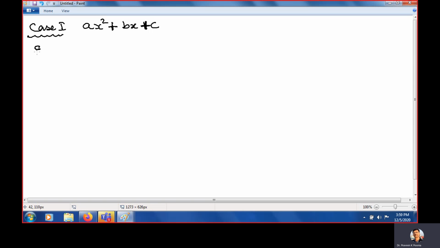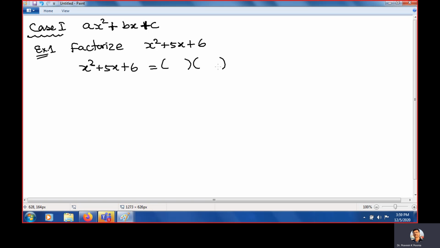Okay. So first we are taking example number 1. Factorize x square plus 5x plus 6. So what we are going to do? We are going to factorize it. How to factorize it? X square plus 5x plus 6, because 2 degrees here, there will be one linear factor and there will be another linear factor. So we are going to factorize it into two forms. Okay.